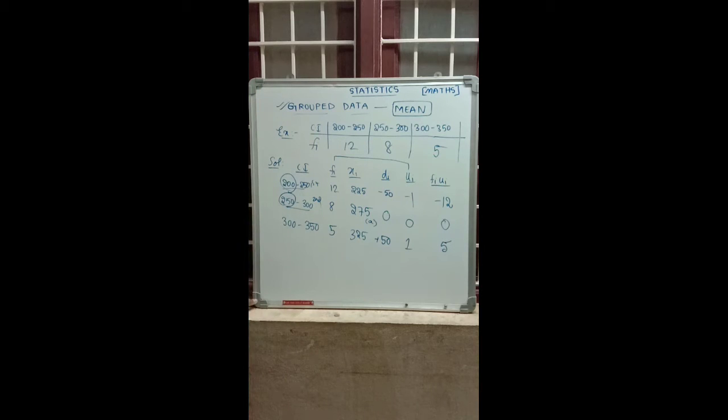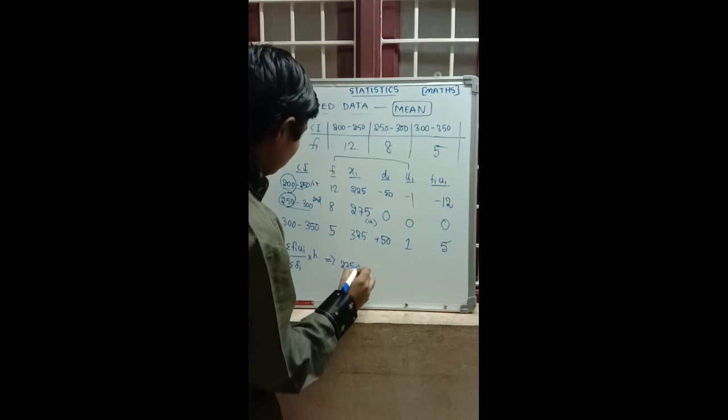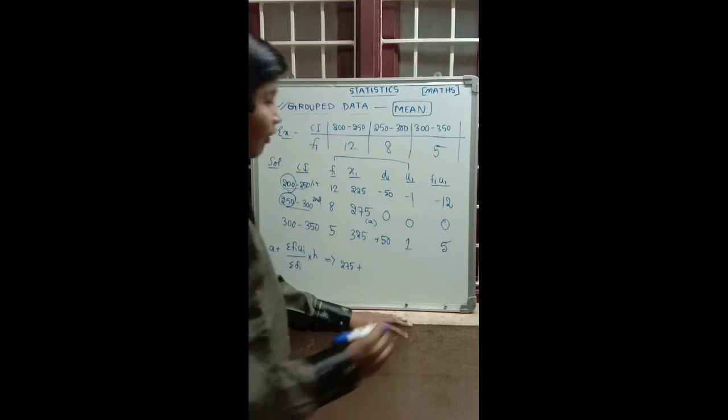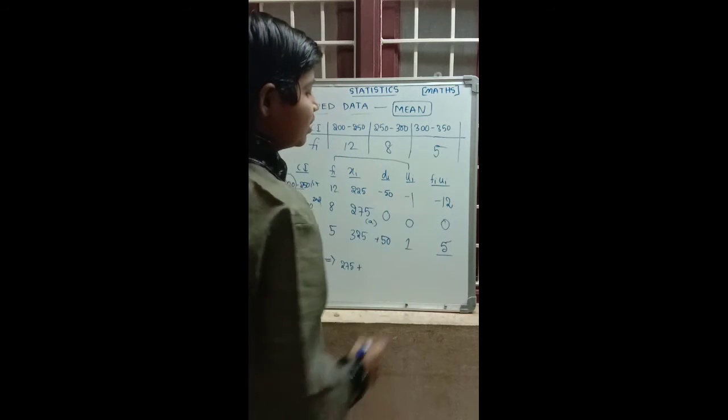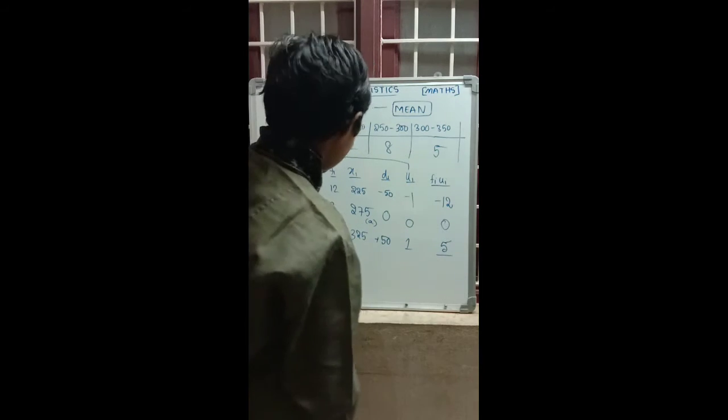So the formula is a plus summation fi ui by summation fi into h. This is the formula for the step deviation method. It equals a, where a is 275, plus the summation of fi ui. We add these fi ui terms: minus 12 plus 0 is minus 12, and minus 12 plus 5 is minus 7.